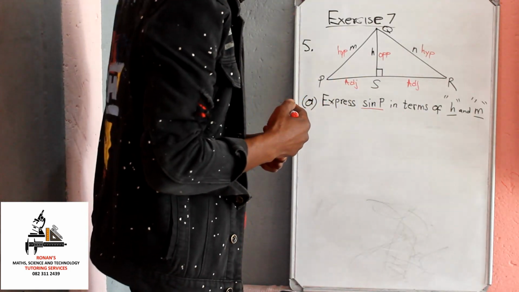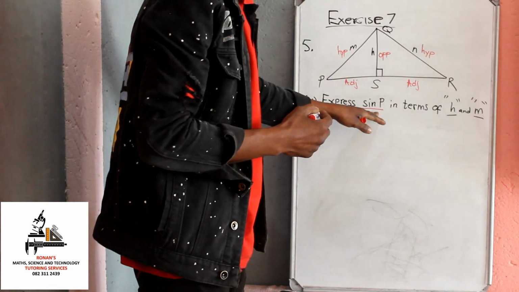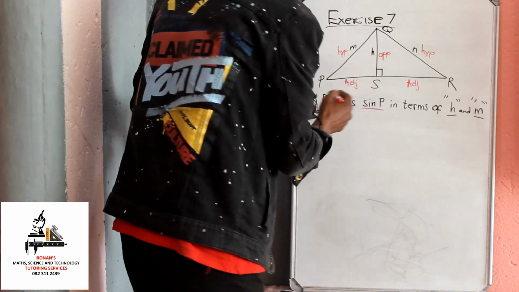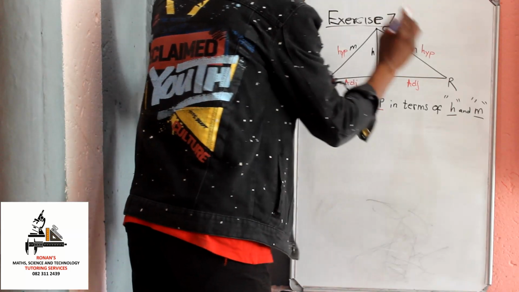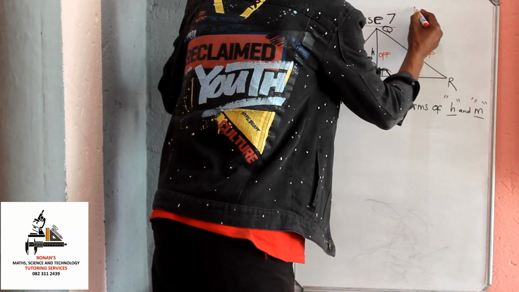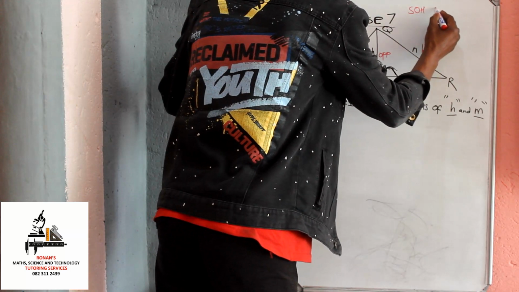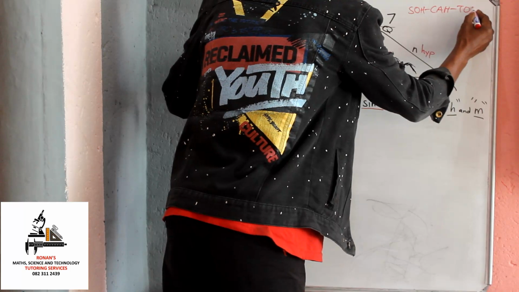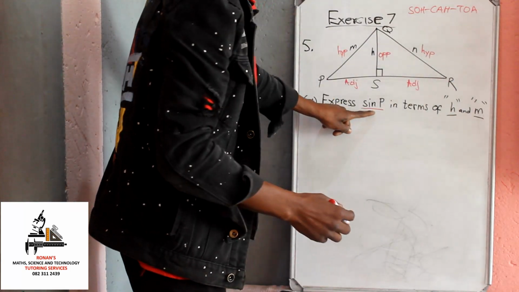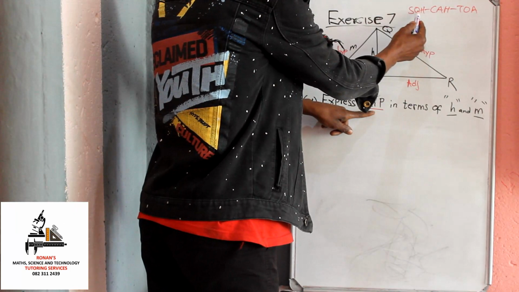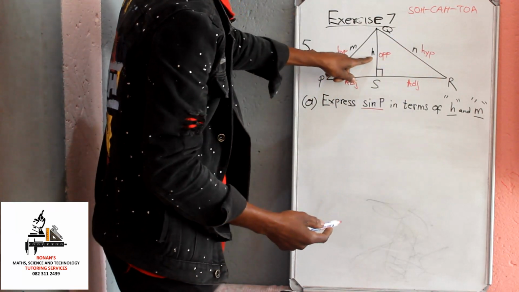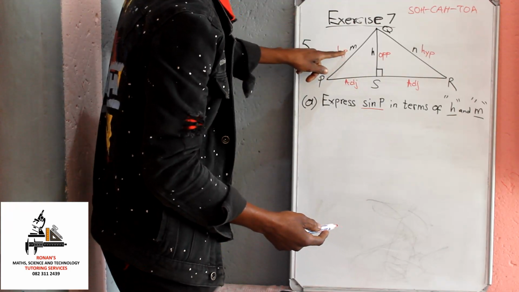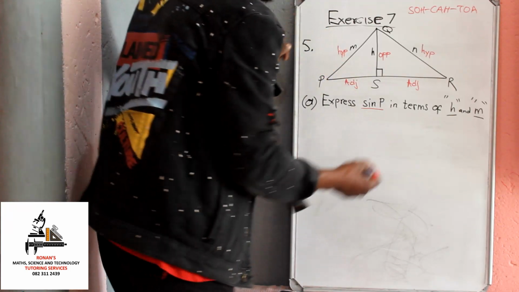Right. Now let's express sin P in terms of H and M. Now we do know and remember, as always, our SOHCAHTOA acronym. Once we say sine, we're actually going to be talking about opposite over hypotenuse. Obviously, the opposite side for P is H, and M is my hypotenuse.